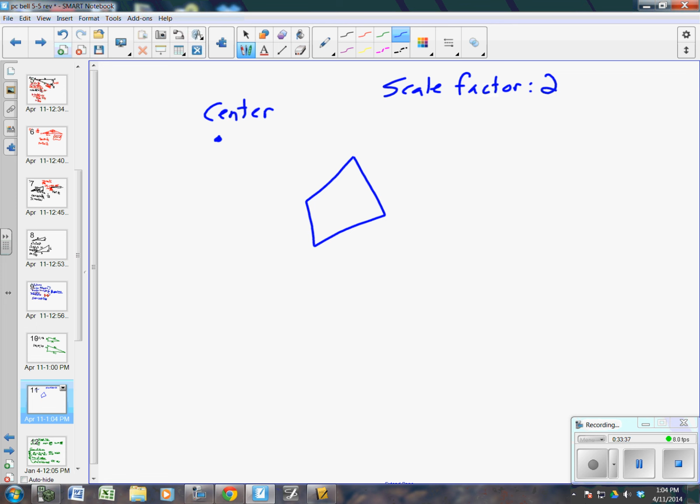Draw a picture similar to what I have right here. With a scale factor 2, you're going to make it twice as big, and it's going to be twice as far away, so just keep that in mind when you're writing it on your board. Because if you get in the wrong place, you'll be off your board for your new one. Try it. Okay, just quickly do it. Make sure you know how to do this, because it will be on the test.